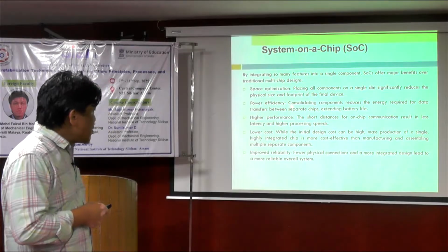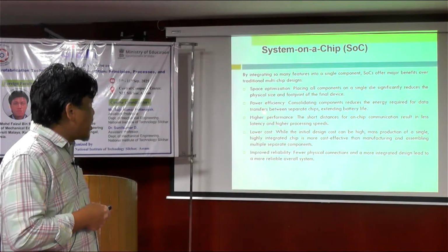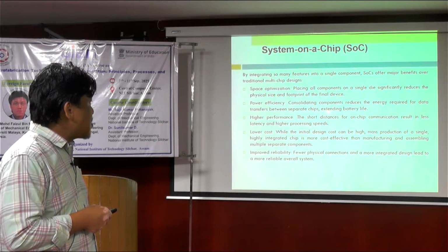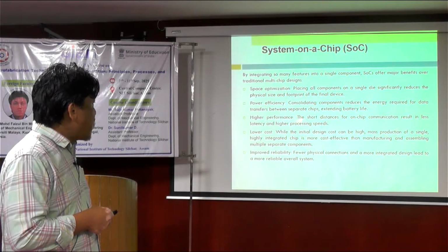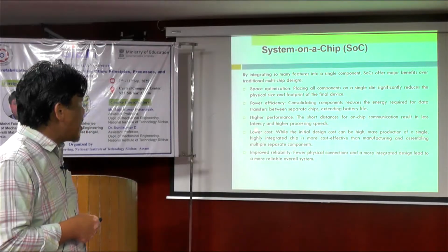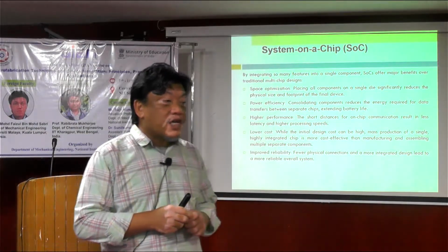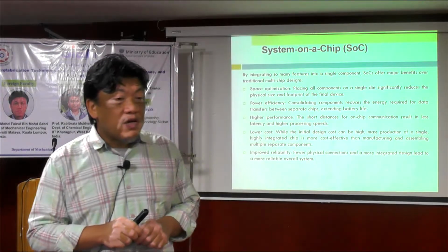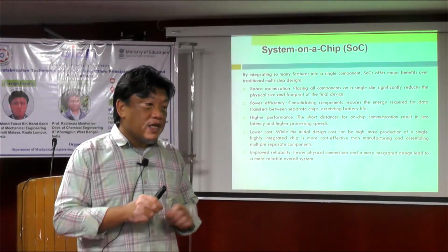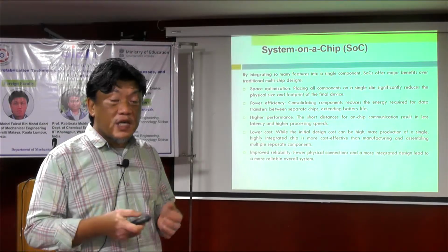And power efficiency: consolidating components reduces the energy required for data transfer between separate chips. And higher performance: the short distance for on-chip communication results in less latency and higher processing speed. Imagine you just have a connection of a few nanometers or a few microns between the chips, rather than a few millimeters using a wired connector.